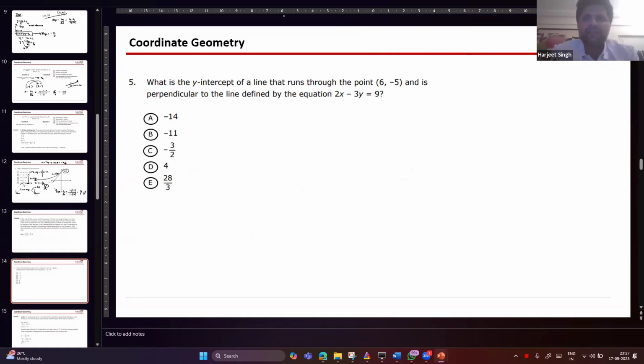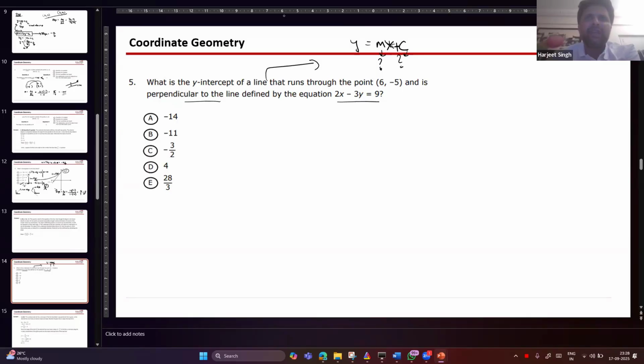What is the y-intercept of a line that runs through the point 6 comma minus 5 and is perpendicular to the equation this? So can I say the line should be y equal to mx plus c, and we need to know what is m and we need to know what is c.